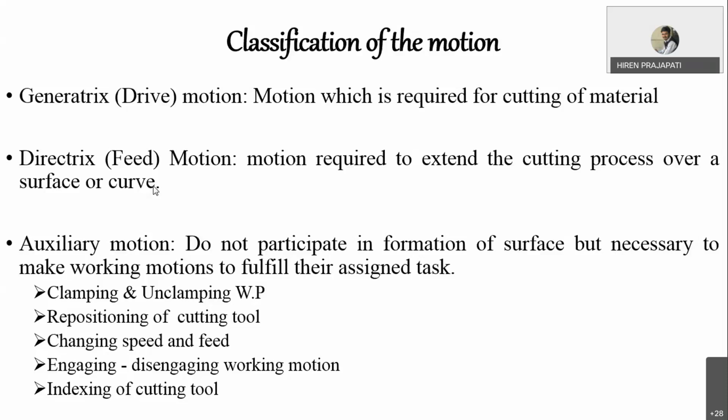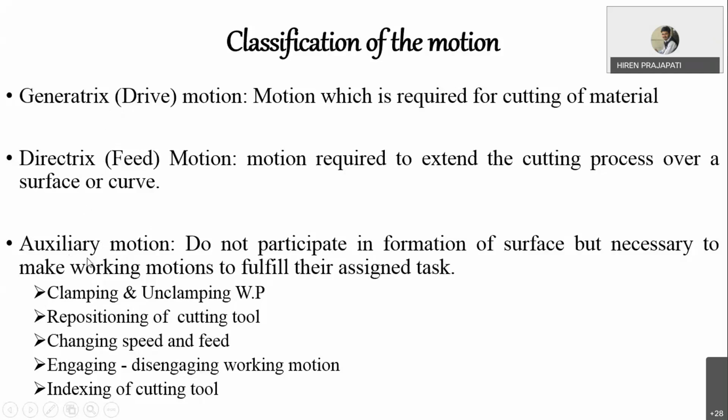If I correlate these three motions with the basic classification of machine tools based on the automation level, then fully automatic machine tools can give all three motions automatically: generatrix, directrix, and auxiliary.